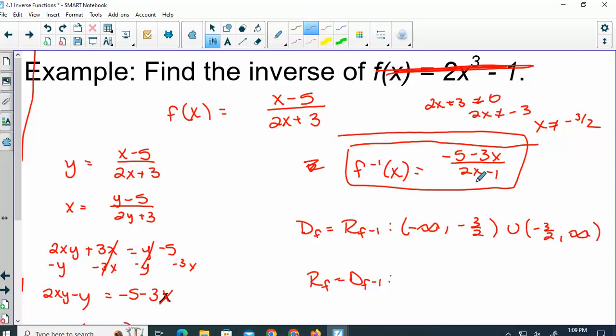For the inverse, we look, the denominator can't be 0, so x can't be 1 half. So negative infinity to 1 half, union 1 half to infinity. Any questions there?